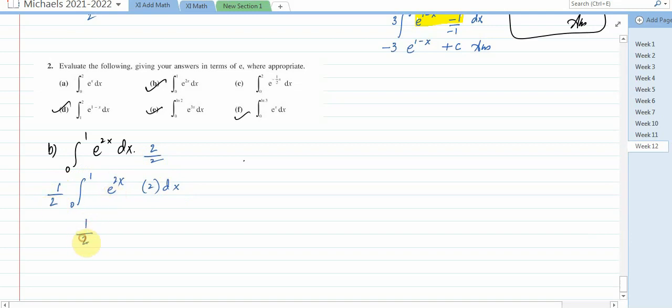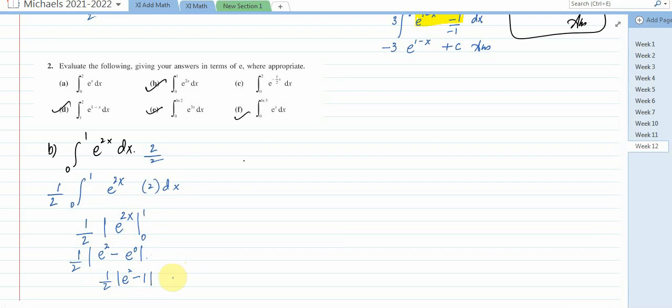The integral of e to the power 2x is e to the power 2x, and the limits we have are from 0 to 1. So it's 1 over 2, upper limit e to the power 2 minus lower limit e to the power 0. You can say 1 upon 2 (e to the power 2 minus 1). We are going to leave it in the same form, and that is your answer here.